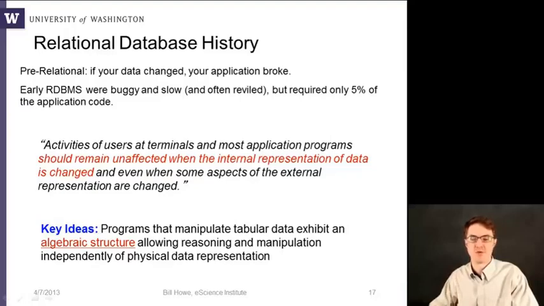What I mean here is that if you think in terms of tables and the operations that tables support, you can think about what your program means and even how to optimize it, which we'll show, regardless of how the bits are actually organized on disk. And this is incredibly powerful.